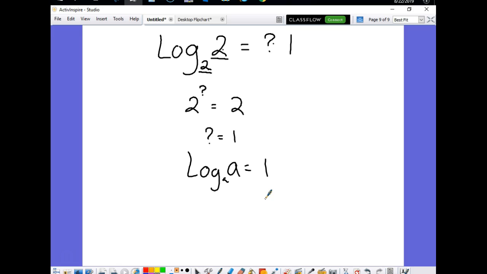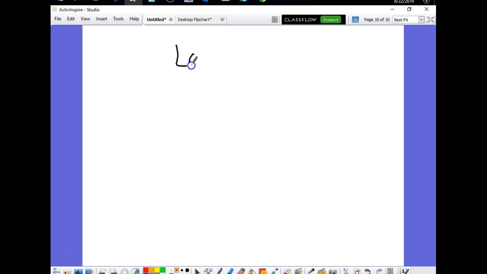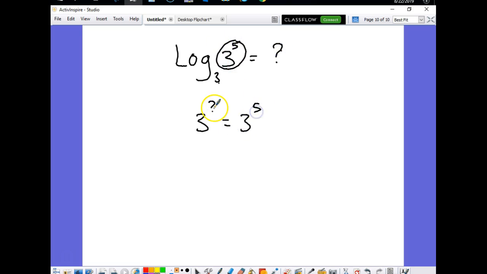Let's do another one. Suppose I had log base 3 of 3 to the 5th power equals something. Well, if we write this in exponential form, it's going to be this base to this unknown power equals this argument. So what's the question mark? 3 to what power is equal to 3 to the 5th? Well, surprise, it's just 5.